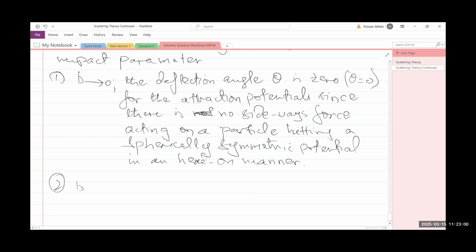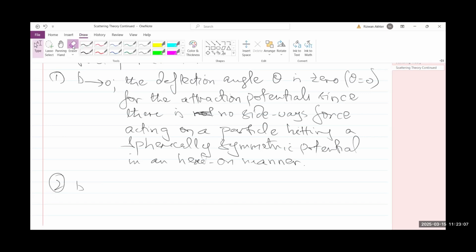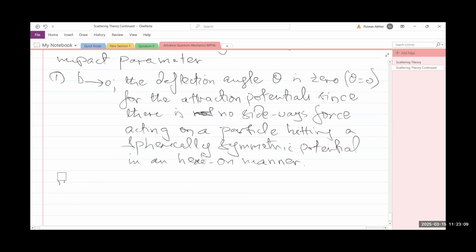केस नंबर 2 क्या हो जाएगा? इसमें आप पाई का भी तो केस डिफाइन कर दी. So ये तो थीटा इज इक्वल्स टू 0 था. Similarly we can define for the same b is equal to 0 के लिए theta is equal to pi.